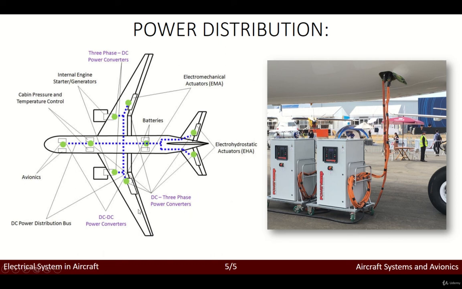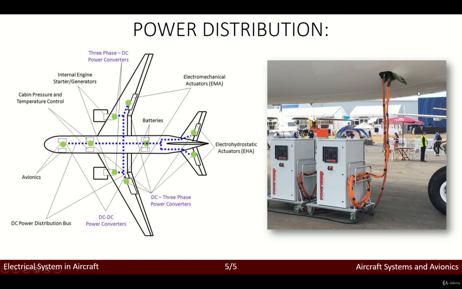We have the three-phase power converters over here, just close to the generators, okay? And then we have a DC power distribution bus all through the aircraft in order to make sure that the different users, so the different subsystems that use electrical power, can be powered without problem, okay?